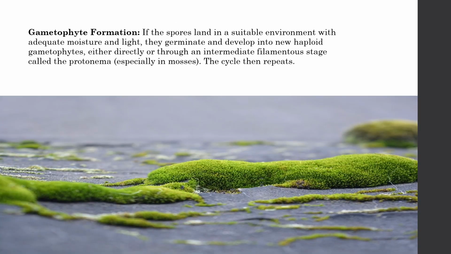So gametophyte formation: if the spore lands in a suitable environment with adequate moisture and light, it germinates and develops into a new haploid gametophyte, either directly or through an intermediate filamentous stage called the protonema, as we have discussed before.